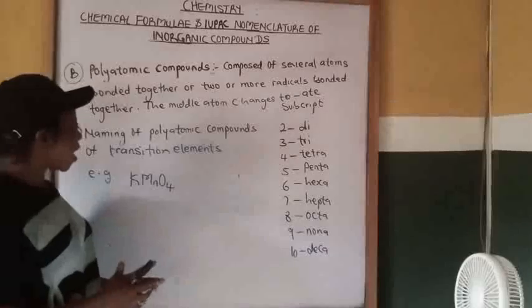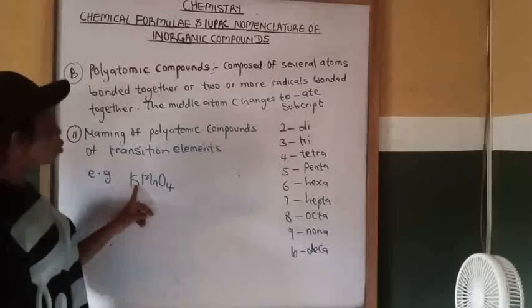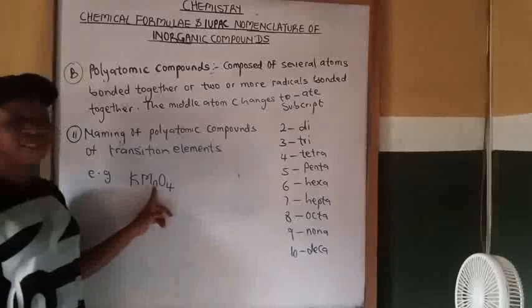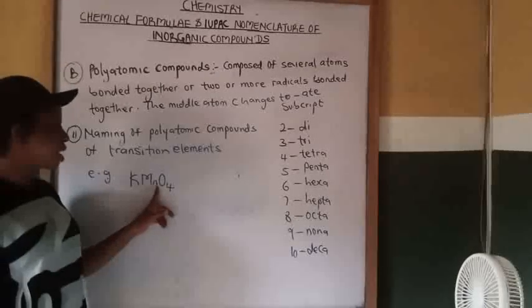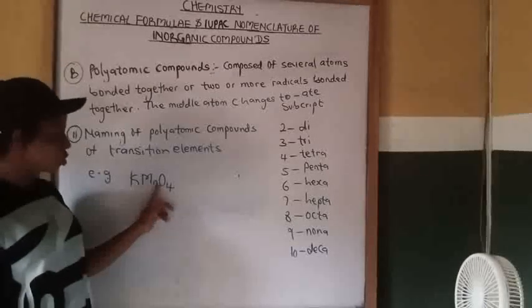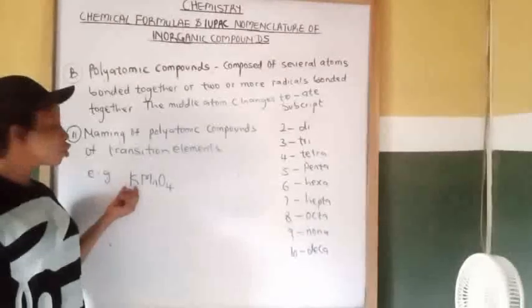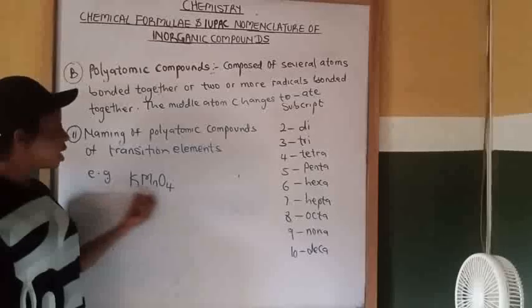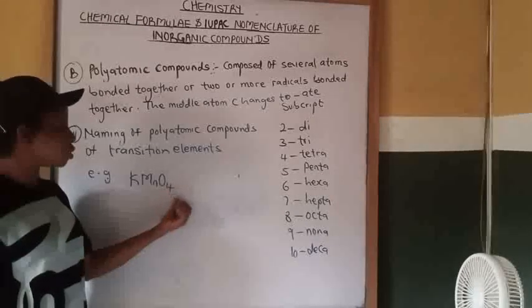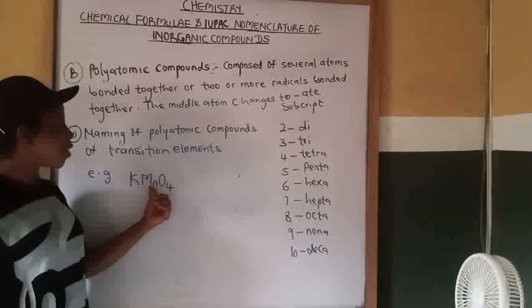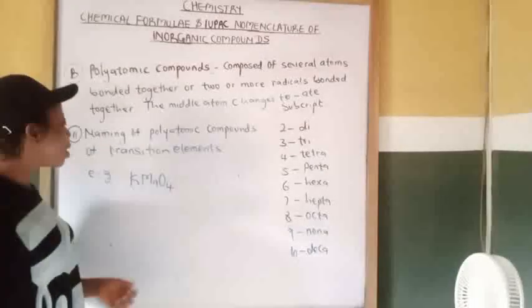KMnO4. Then we have potassium here, then this is manganese, then oxygen. Potassium is a group 1 element, so you name potassium fully, then followed by oxygen with the subscript, then followed by manganese with the oxidation number of manganese.